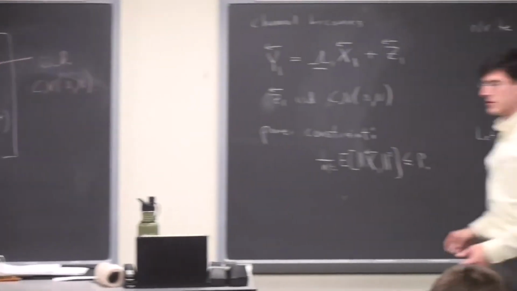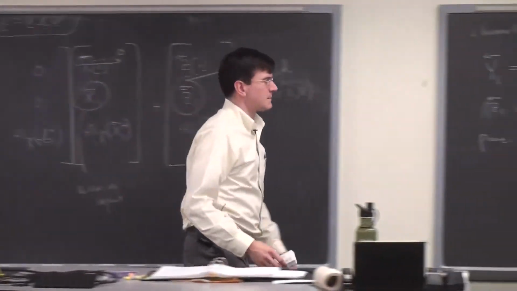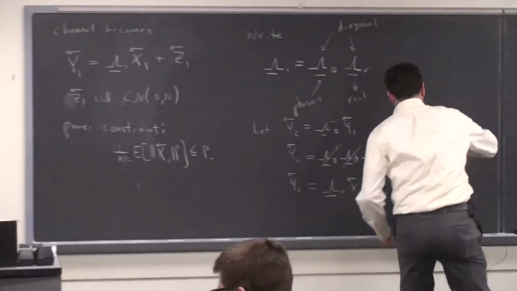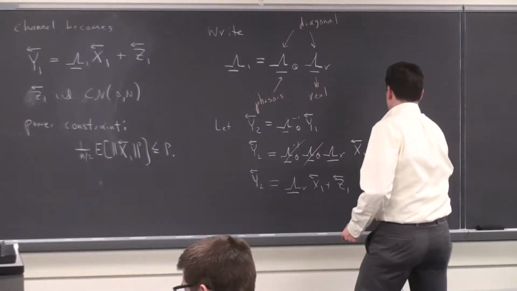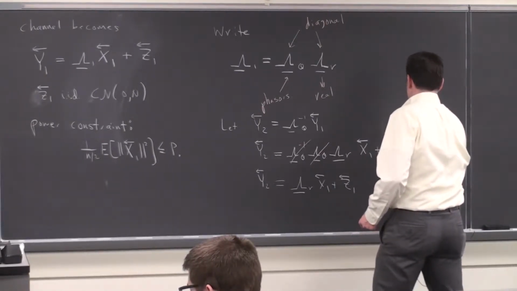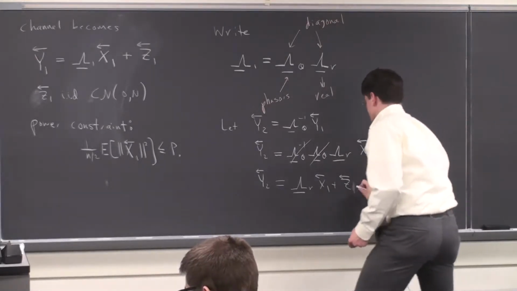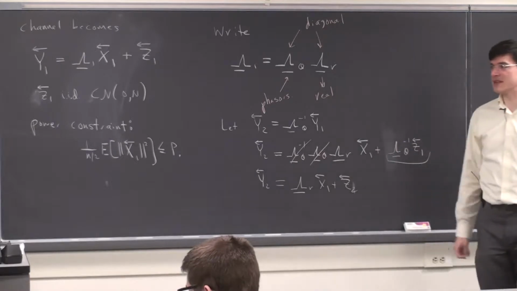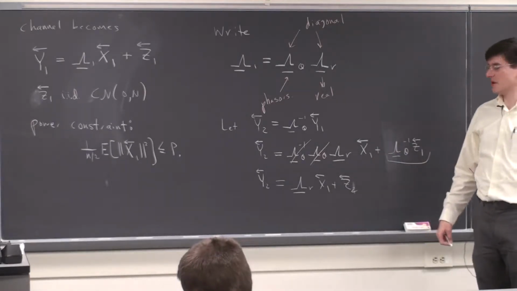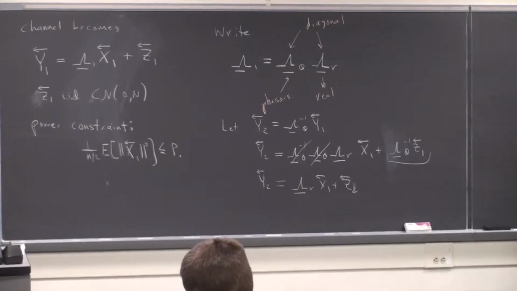So, slight error here. When I multiply by lambda theta inverse, I get another noise vector that we called z2 last time. z2 has the same distribution as z1, but they have different realizations.